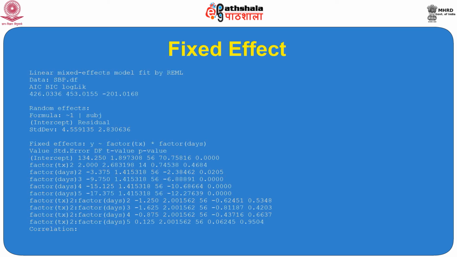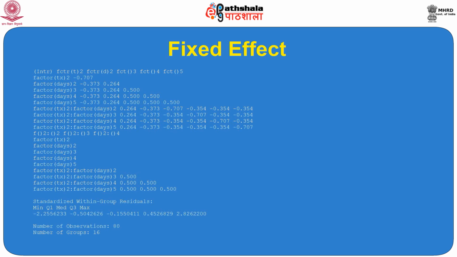And now we will go for the random effect model. Now we will look at the covariance structures between the model terms. So the corresponding correlation coefficients or covariance structures can be found here. Now we will go to the next slide to get the interval estimates of these fixed effect parameters.